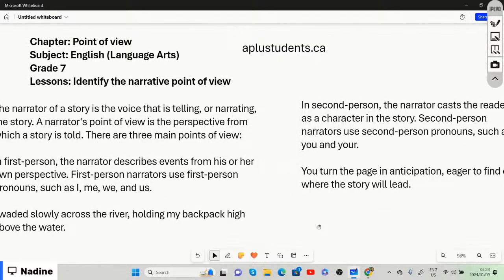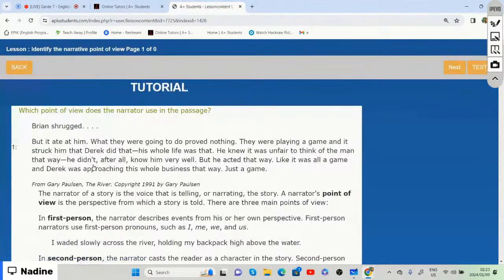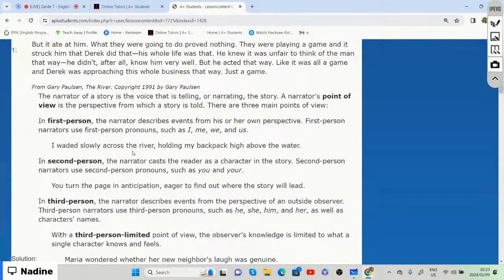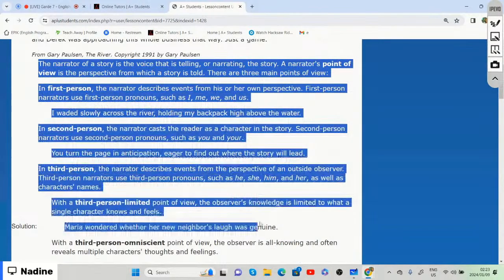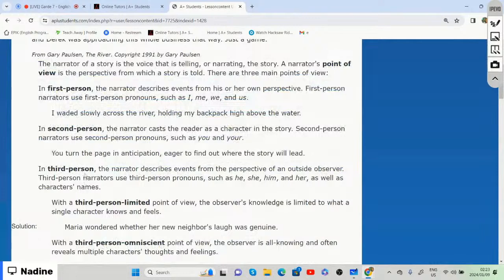So now let's go to aplusstudents.ca. And remember, whatever we do not finish within the test that we are going to be doing, you are going to complete on your own. We already described what point of view is, and we also described first person, second person, and third person.